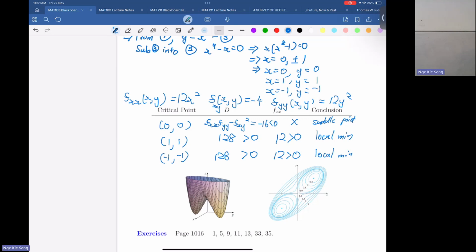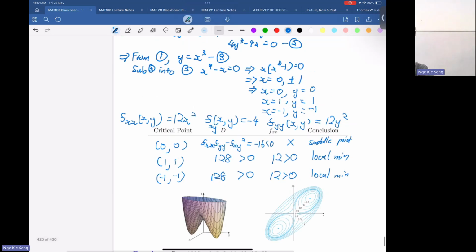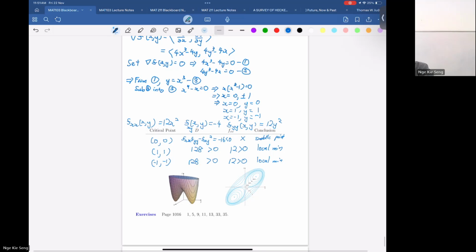This is a level curve. Can you realize this is a level curve? If I tell you the height, you can build this hill. Any questions?